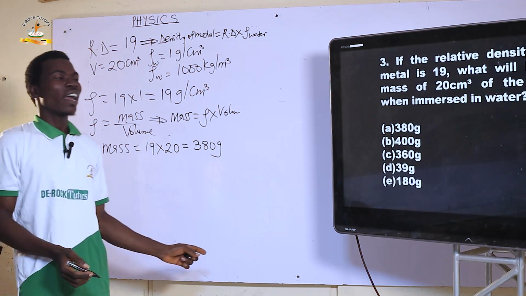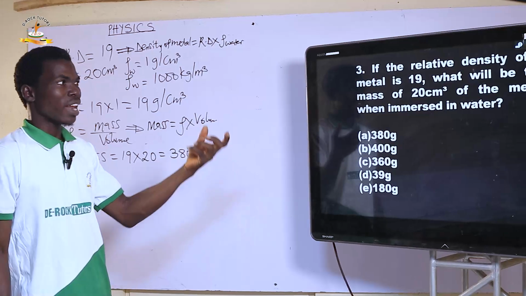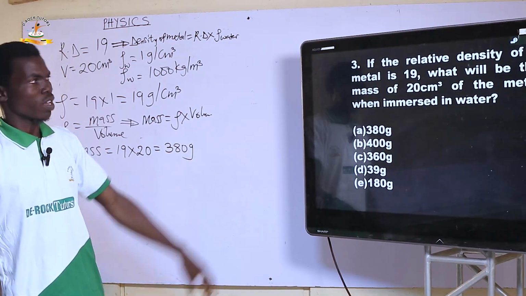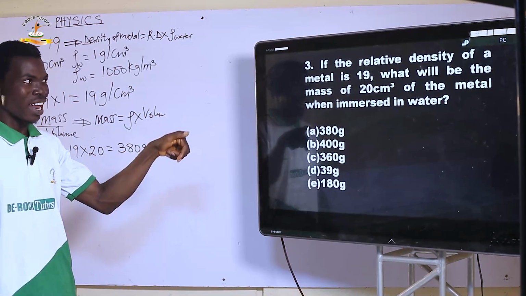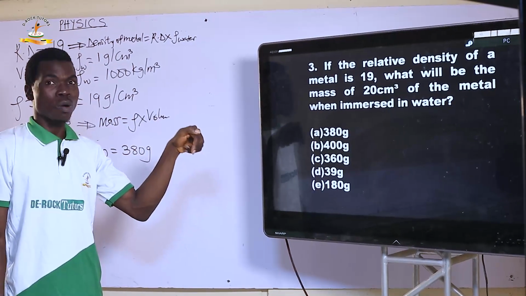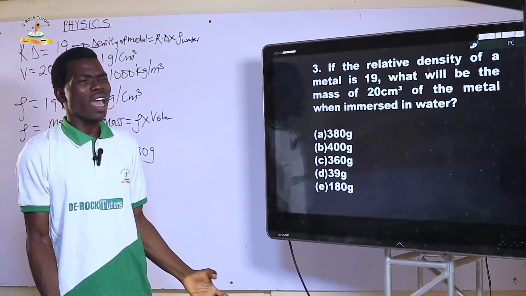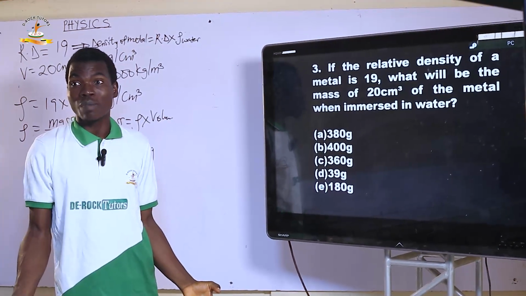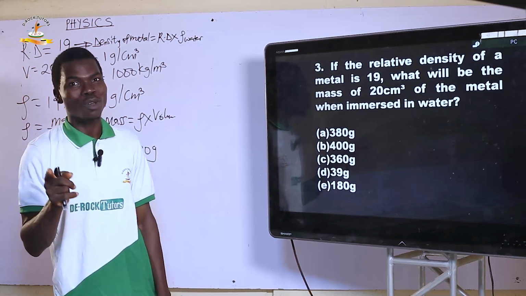However, you are most likely to be tempted by the last set of words they use in the question. Let's take a look at the words. It says, of the metal when immersed in water. Do we have a problem with mass when the body is immersed in water? Obviously, no. The problem comes when it has to be weight.